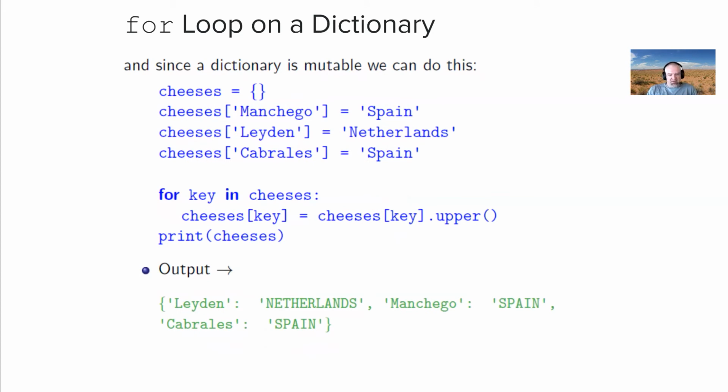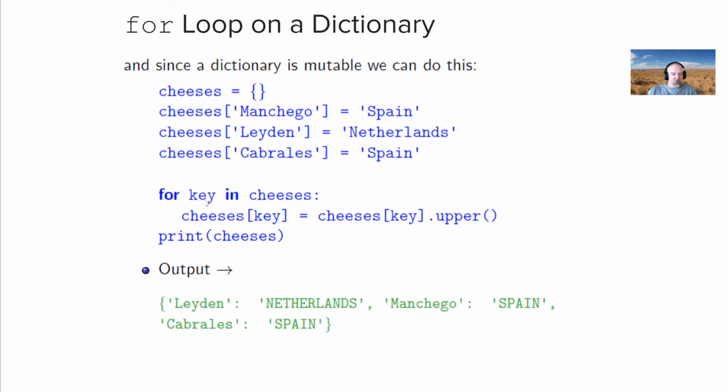Right, and because a dictionary is mutable, you can do things like this, where you can update the values in your dictionary. Again, this is the same thing we've done with lists. Just the way that we index the dictionaries is different, because here we're not using numbers to index the position, but we're using the string of the key of the dictionary, right?